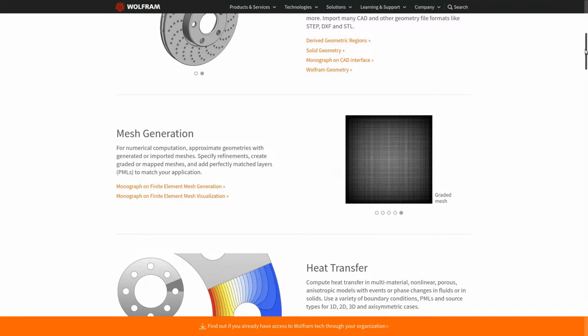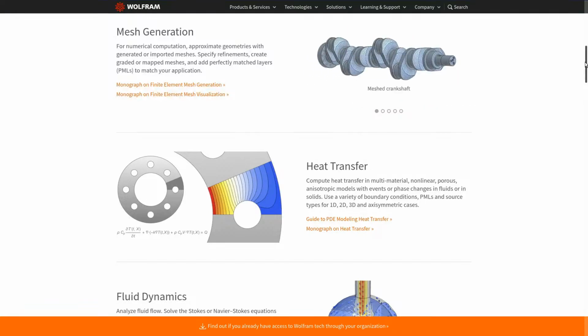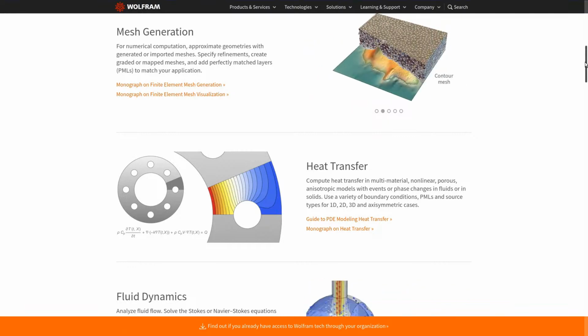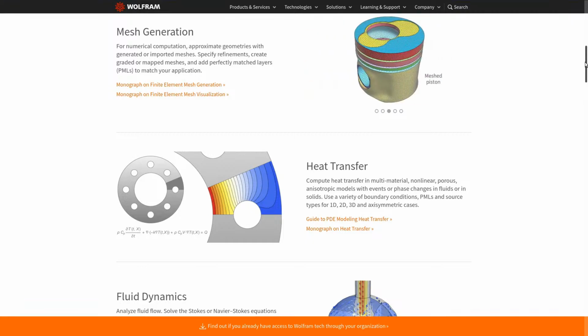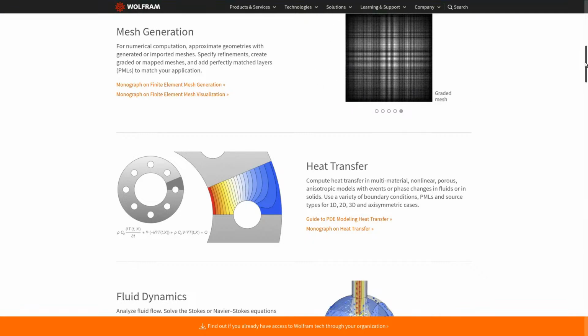So that's also available. Now, the next thing is we have various fields of physics for which we have, how to say, predefined PDE components, monographs, and boundary conditions that we try to help you with for your actual PDE modeling. I do want to say, however, even if your field of physics is not presented here, that doesn't mean that we cannot solve it.